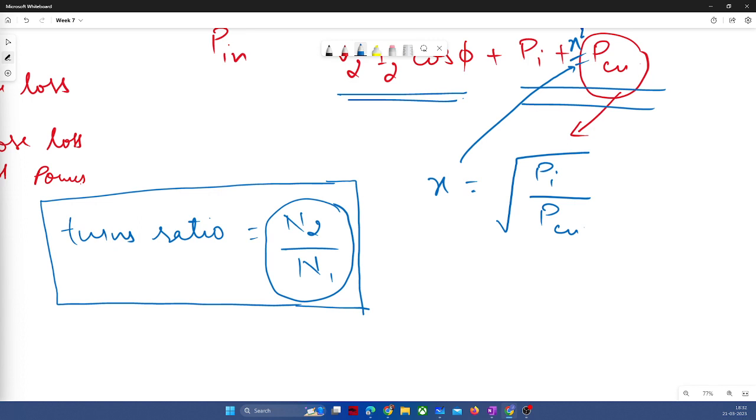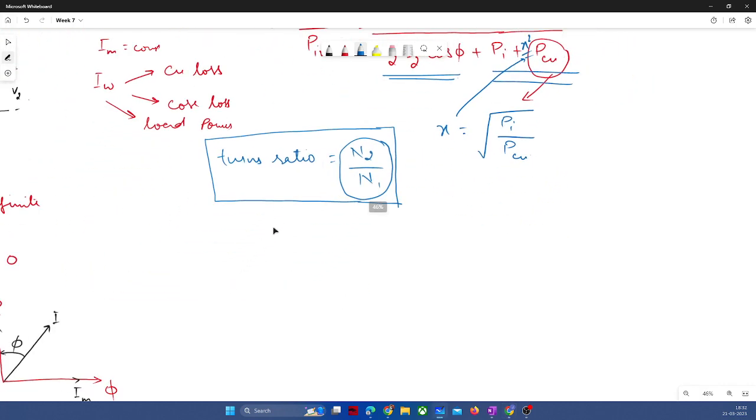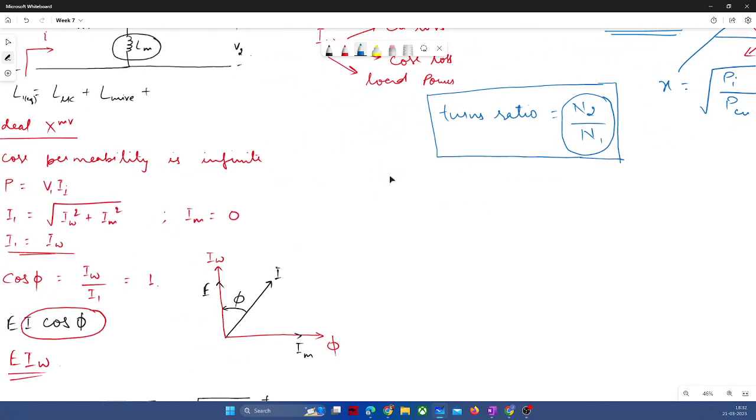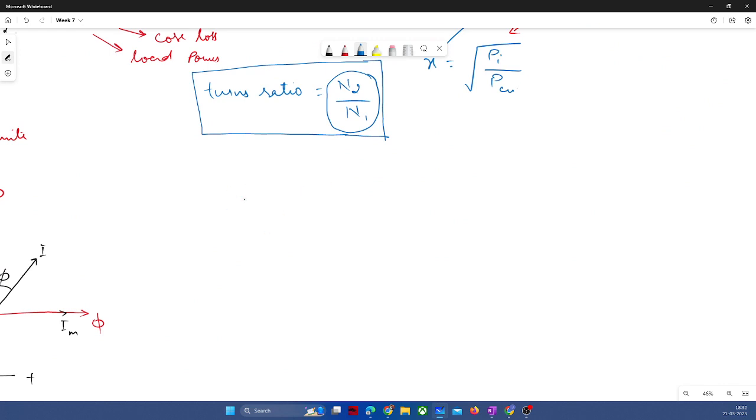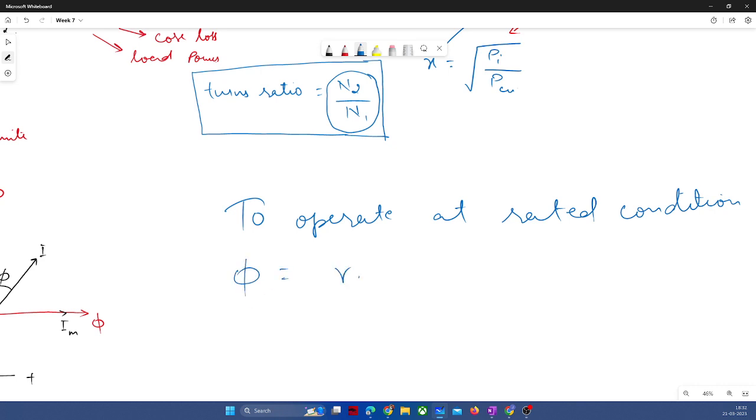Okay, so when I1 increases, Im is equal to constant. Why? See, if your core is working at the rated flux, then to operate at rated condition, our flux should be rated and our current should be rated, right?